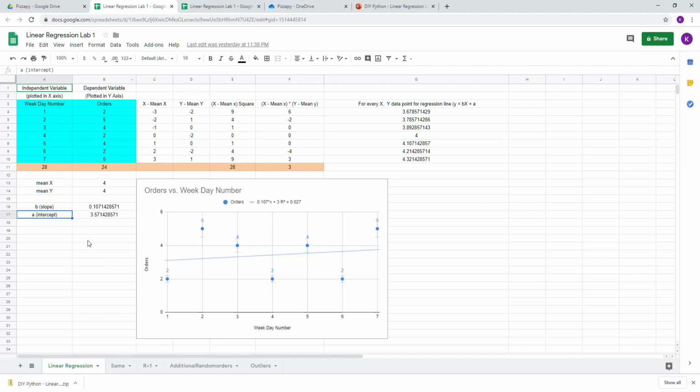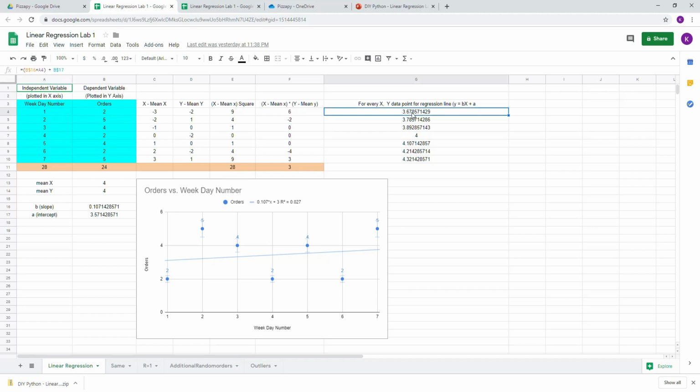Once we have all these values available, now we are trying to find out, for every x value in this direction, what is the predicted value in the y direction. Again, it starts with 1, 2, 3, 4, 5, 6, 7, because we have to calculate that y value for every x, and then plot those variables and draw a line touching those points.